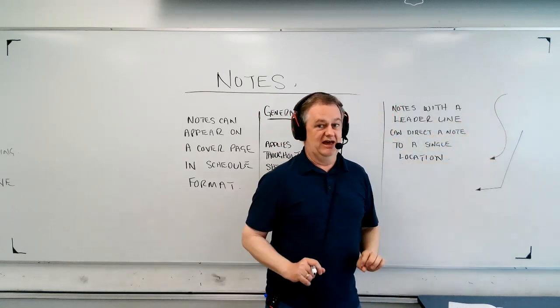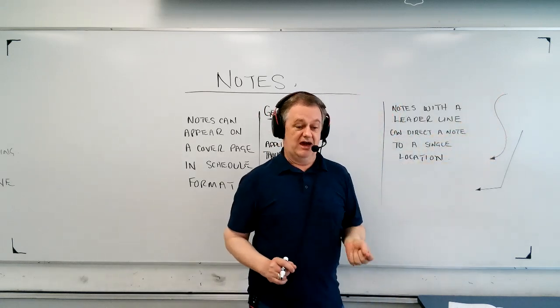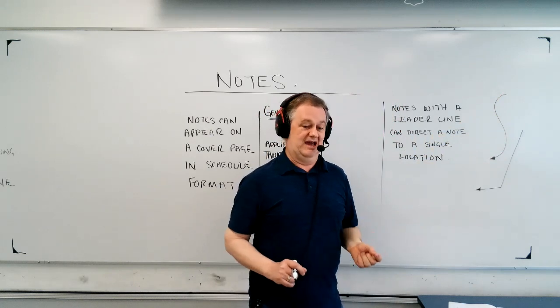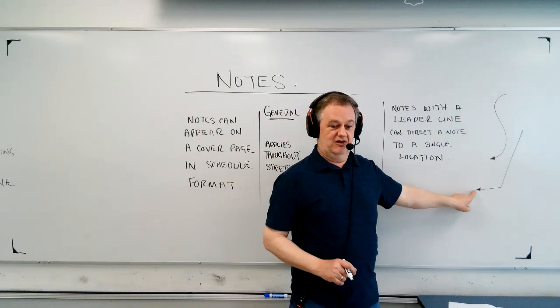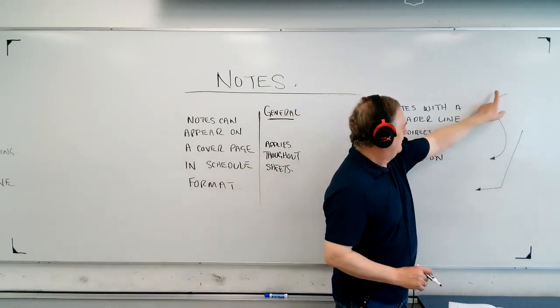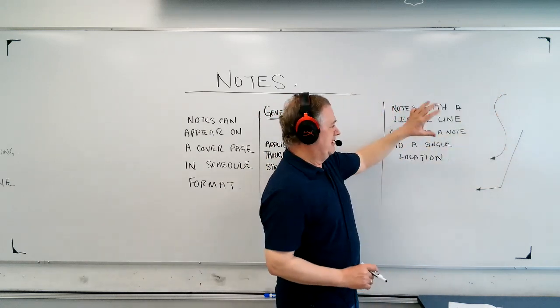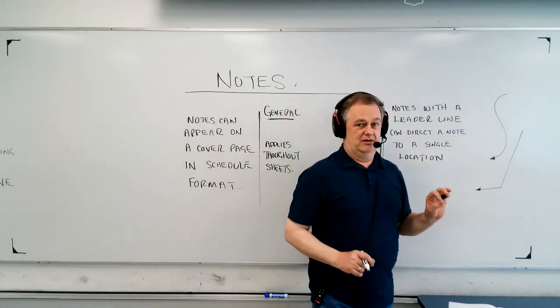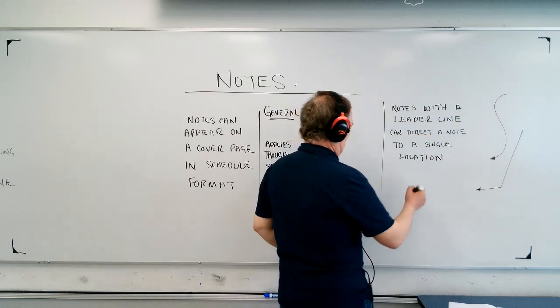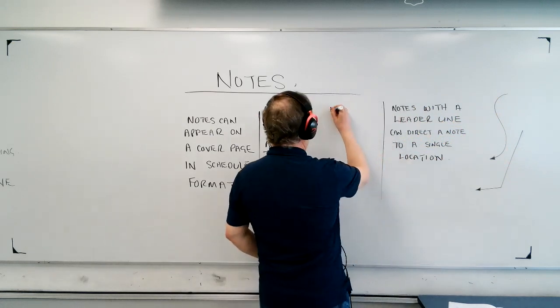We call it a leader line, and it leads your eye from the note to the actual item. The arrow should just touch whatever you're talking about. So these are called leader lines. You'll see a note and then a leader line that points at something in the actual drawing on that sheet. This is called a local note.